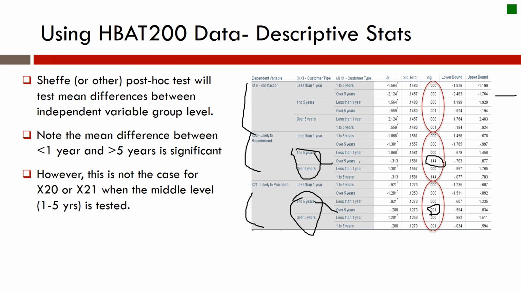In a K factor analysis, the overall multivariate tests, while they might be significant, doesn't necessarily mean that all the relationships within the K number of factors are. So that's what we found here, that the overall variates differ between groups, but the individual variables within each variate don't necessarily, for likelihood to recommend and likelihood to purchase.